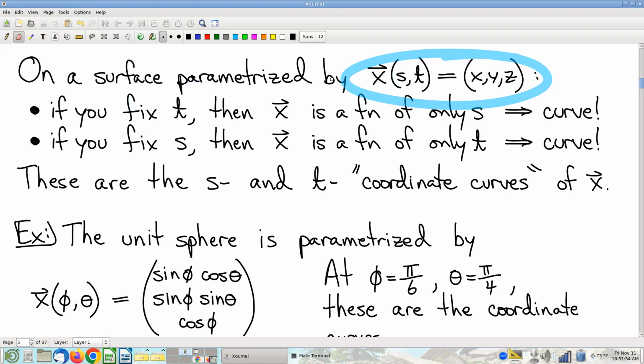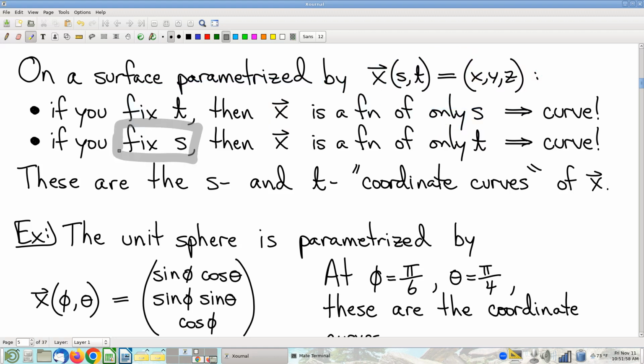And likewise, I didn't have to fix only t. If I had fixed s, well, now I've got position as a function of t, namely only one variable, and again, a curve. Okay, so these are what we call the coordinate curves of the surface parameterization.